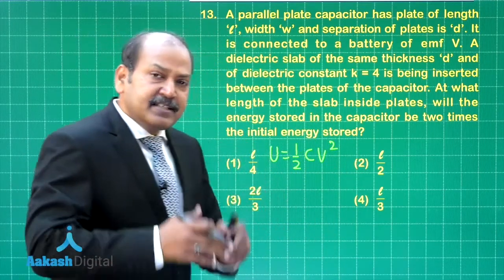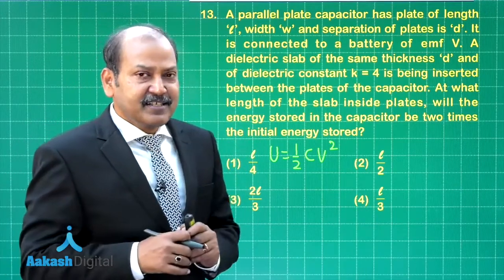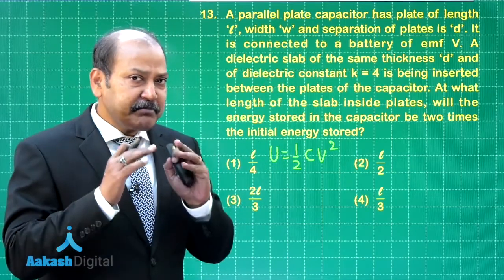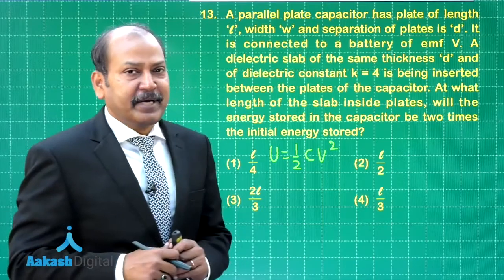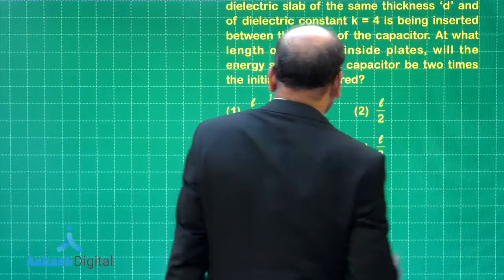So what is happening is when the dielectric is inserted, the capacitance increases. The energy has to become twice the initial value, which means that the capacitance should become twice the initial value of capacitance. What is the expression for capacitance in this particular case?